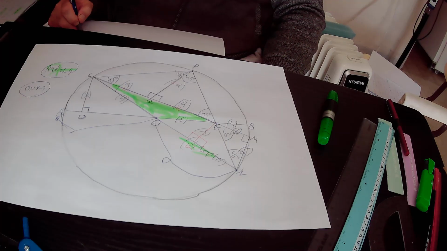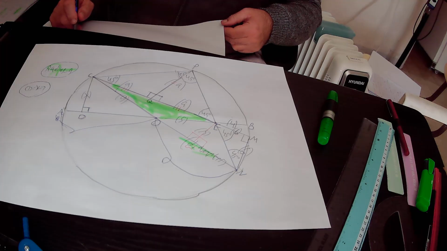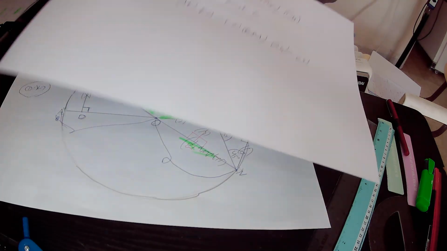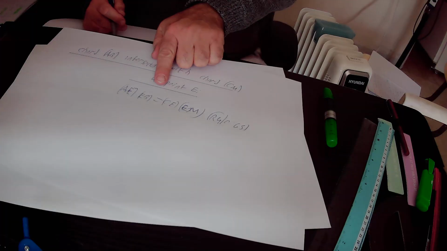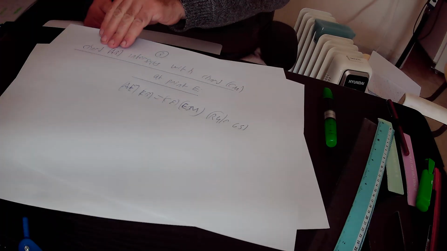And again, according to rule 65, the following equation is true in our drawing: AE times EB equals CE times EM.